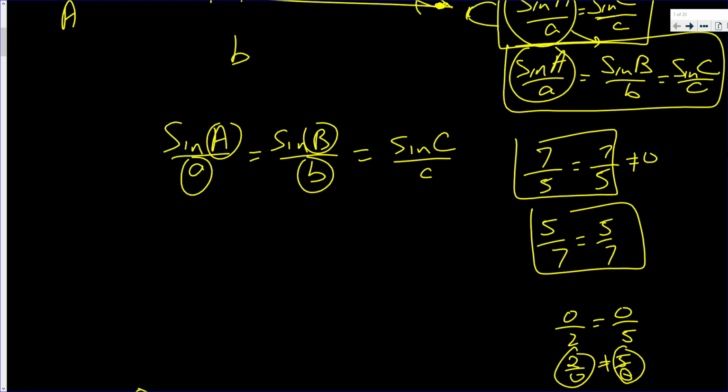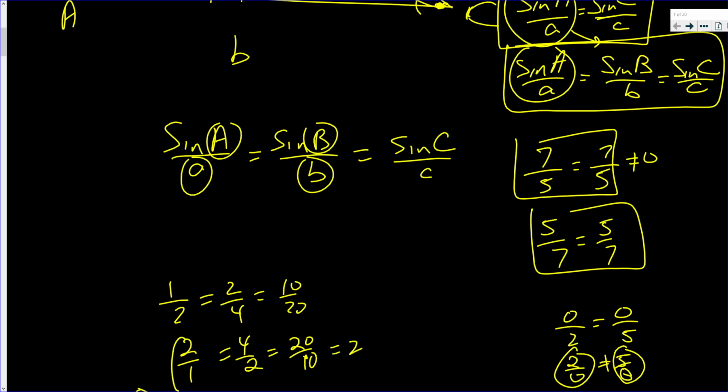In fact, if three fractions are equal, 1/2 is equal to 2/4 is equal to 10/20. When I take their reciprocals, all three fractions equal 2. 2 over 1 is 2. 4 divided by 2 is 2. 20 divided by 10 is also 2.